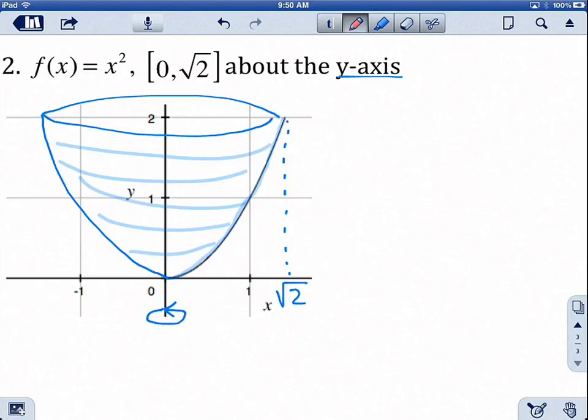So now, because we're going about a vertical axis of rotation, which is the y-axis, we need to find our radius, which would be right here. And if we look, the radius is just going to be an x value. So r here equals x all the way along this curve. So no matter where you pick r, it's going to equal x. Okay, it just depends which x value you choose.